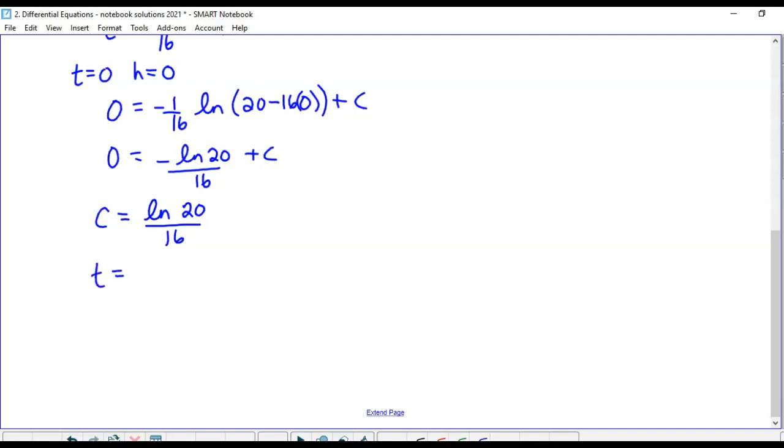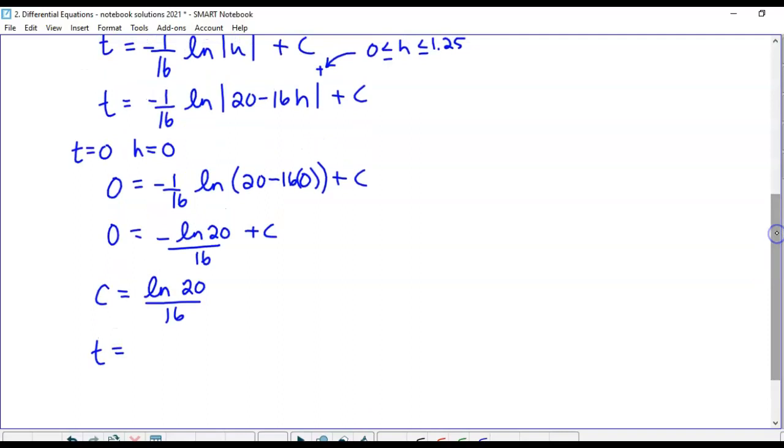So t equals negative 1 over 16 ln of 20 minus 16h plus ln of 20 over 16. So there's a common denominator. You could show it like that.